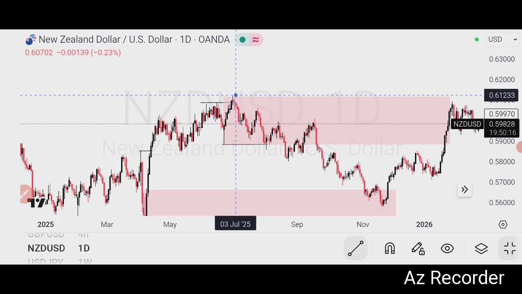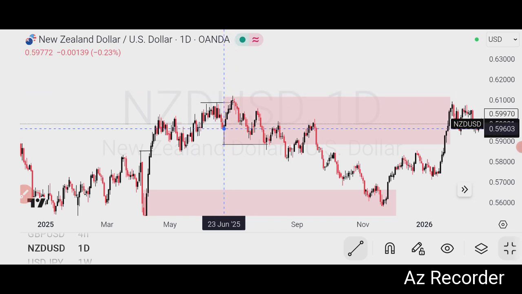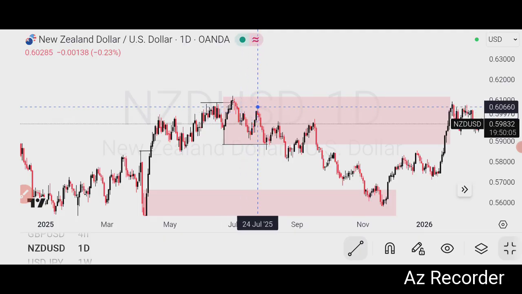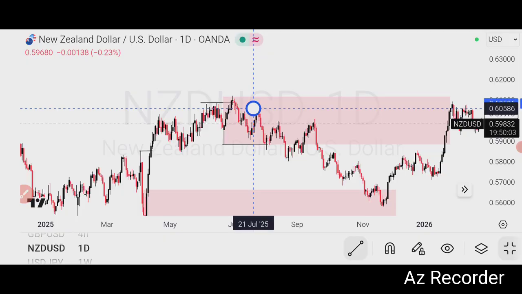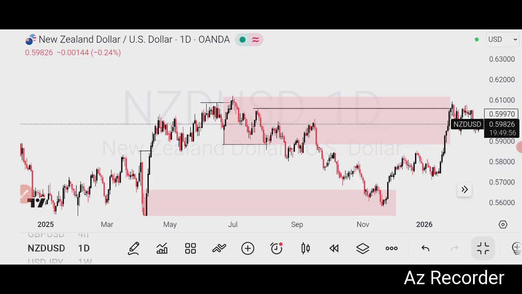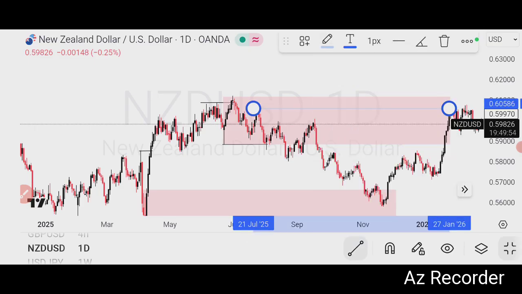Since this is the high and this is the low, the last internal high inside of this zone is where my liquidity is going to be. If I mark that point out, I'm going to mark it with blue. Sorry, I'm going to change the color to blue. So this is now what?